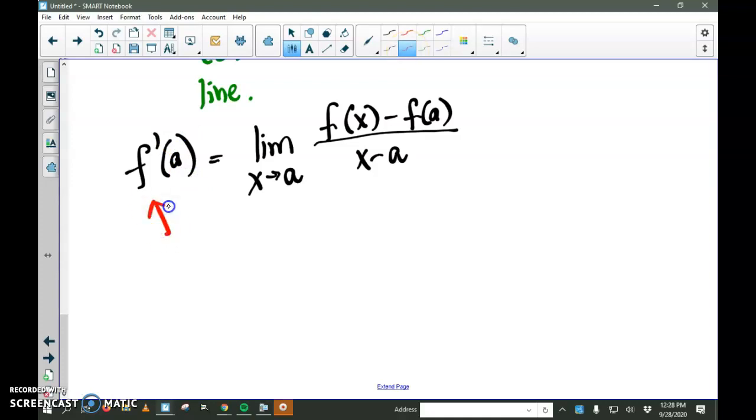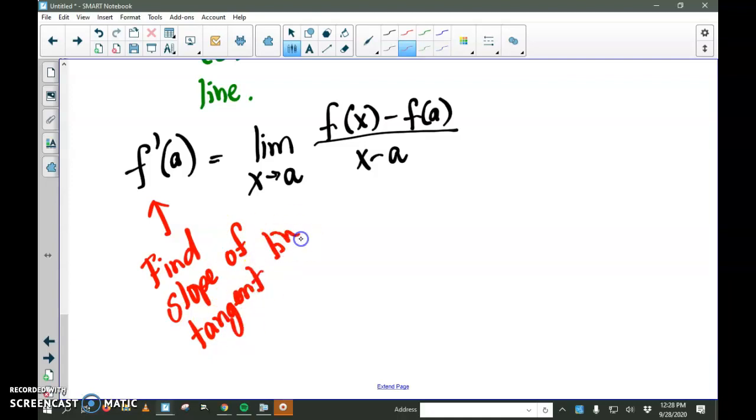So this notation says find the slope of the tangent line drawn to f of x at x equals a. That's what that notation says.